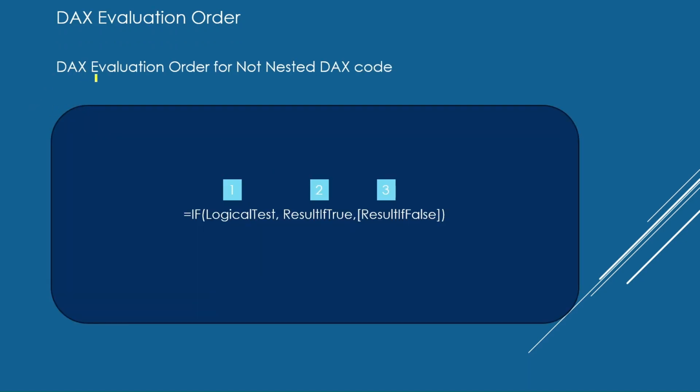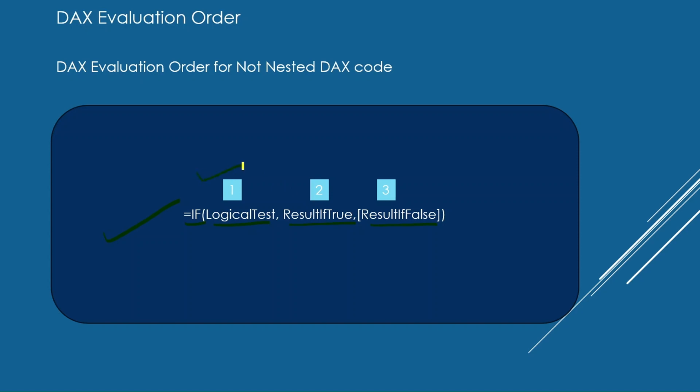This is a very simple function. This is the IF function we are using: logical test, result if true, result if false. We have discussed that if the function is normal, then the evaluation is left to right.